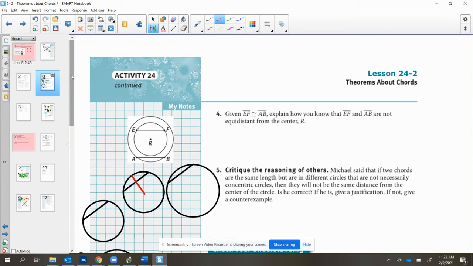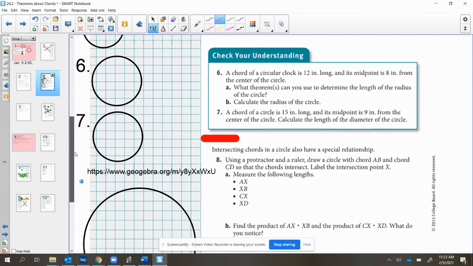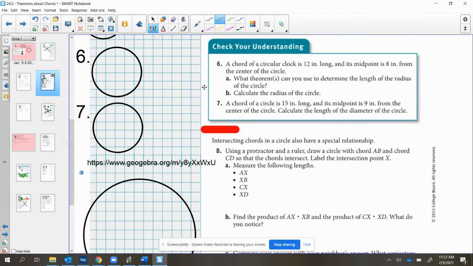Now, to pause before we talk about the last two theorems, we have some examples that are using that fact. The first one is number 6, and this is going to be on page 342. We're going to skip page 341 and jump here to page 342, number 6. And we have a circular clock that has a chord that is 12 inches long. I'm going to draw on this chord.